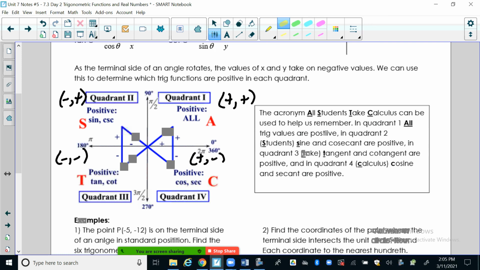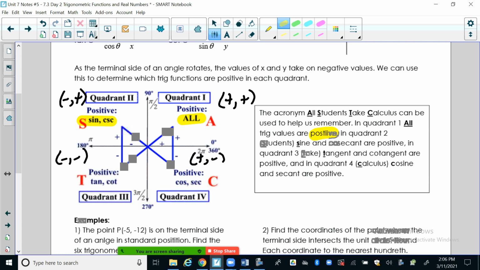So the acronym to help us remember is All Students Take Calculus. Because in quadrant 1, all the trig values are positive. In quadrant 2, Students stands for sine, so sine and cosecant are positive.